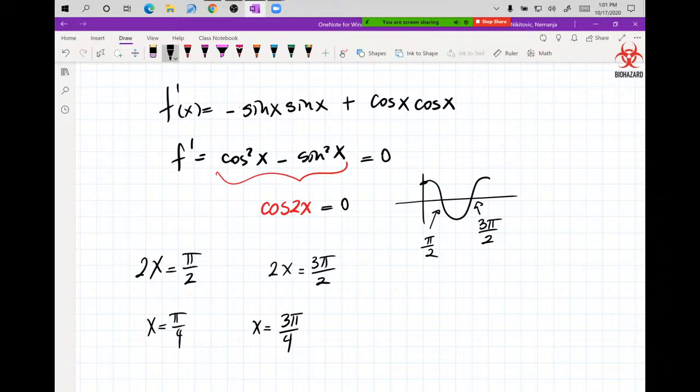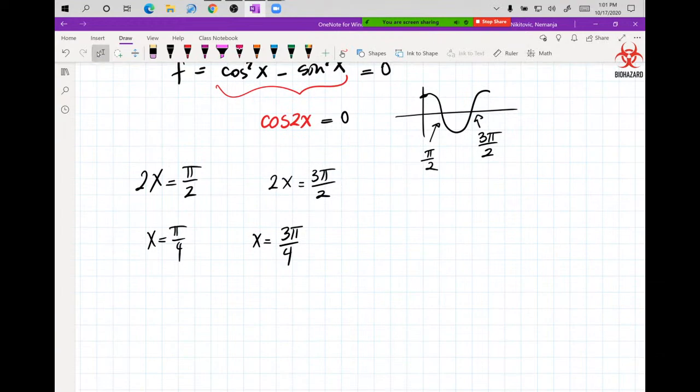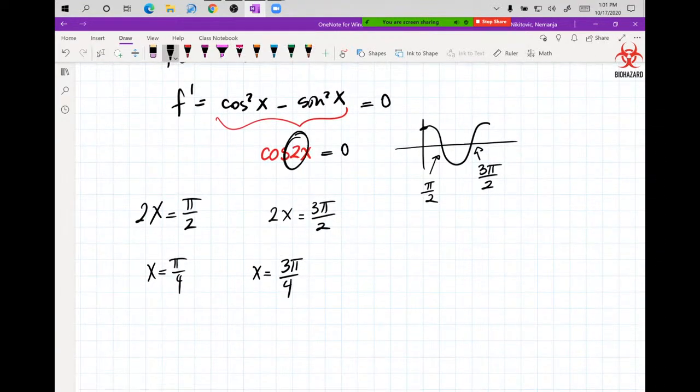And now I have these two. Now, the book did not specify any of those domains, like from 0 to 2 pi or anything like that, which means that they want all min max values here. And because of these two, you see that your wave is twice as fast as usual.